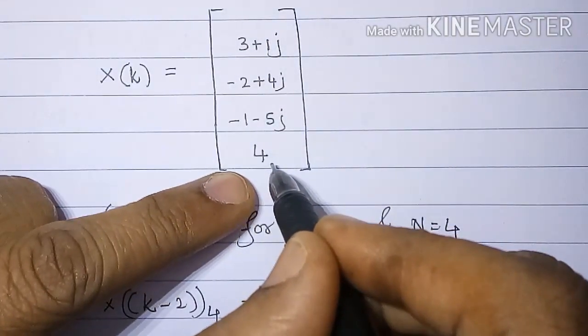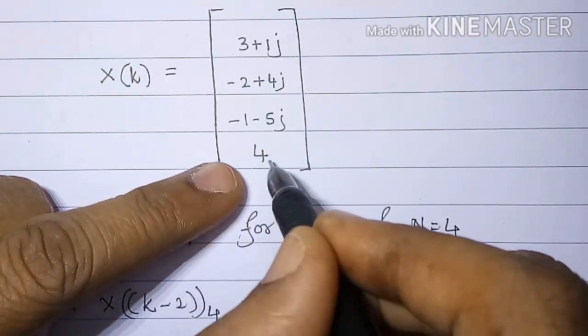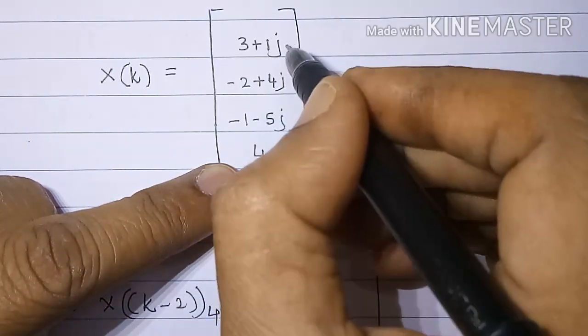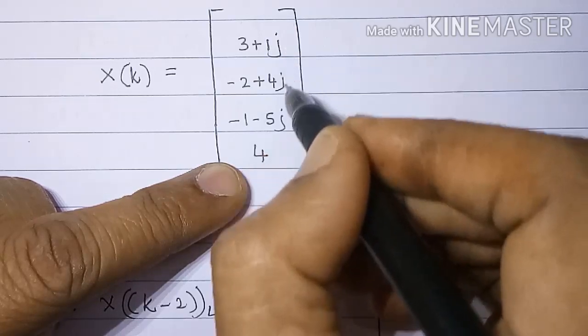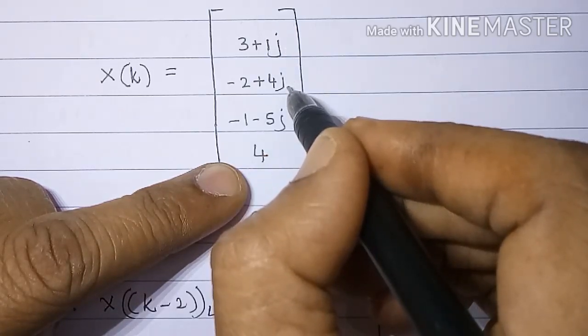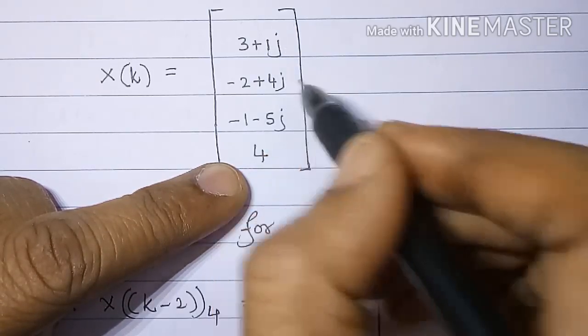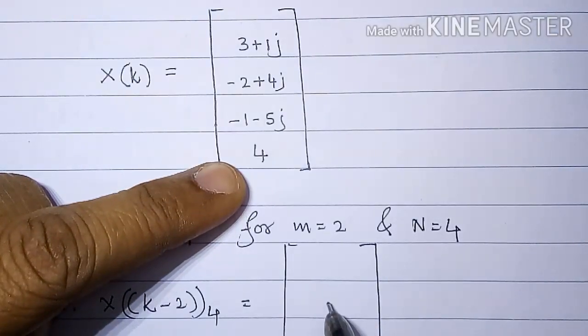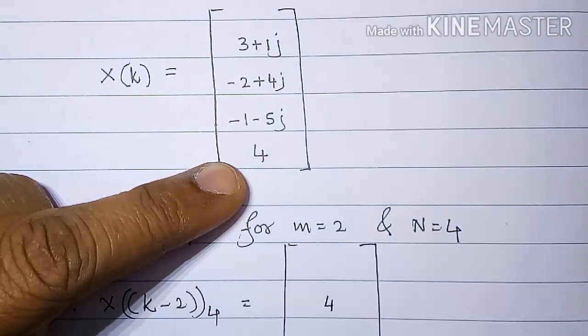If I shift by 2 samples, first time 4 will go to the place of 3 plus 1j, then it will go to the place of minus 2 plus 4j. So 4 will go to this position.